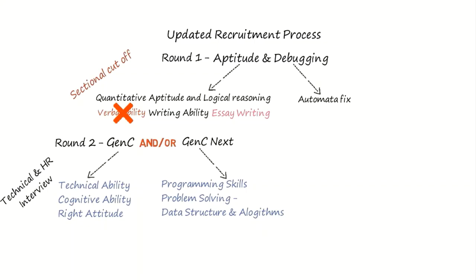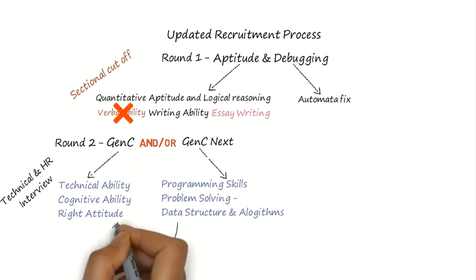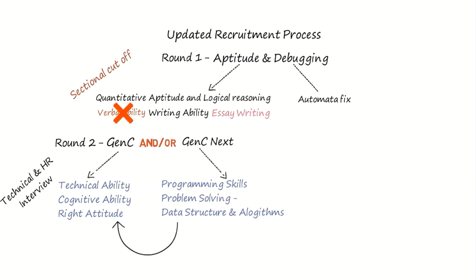The main focus in section 2 will be on designing space and time optimized code. In this video, I will also provide the most expected technical questions from different domains for both GenC and GenC Next rounds.